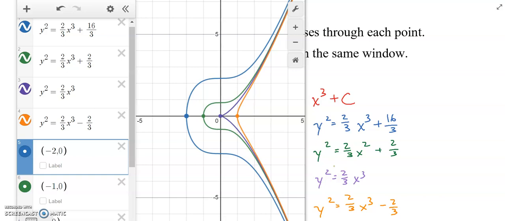So these are four different particular solutions of the differential equation, and you can imagine changing the initial condition to any other initial point. It doesn't have to be a point on the x-axis, but I picked those just because those are easier to calculate.